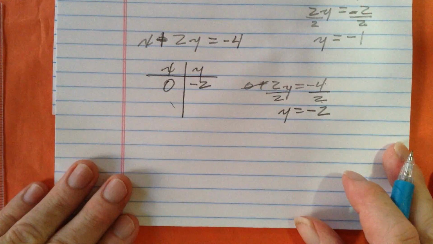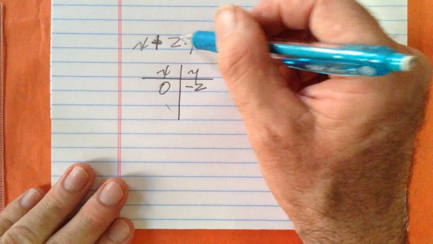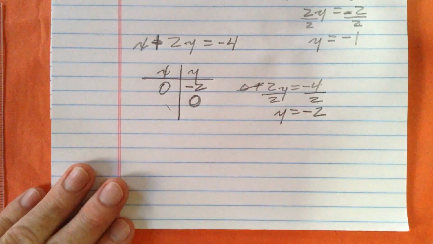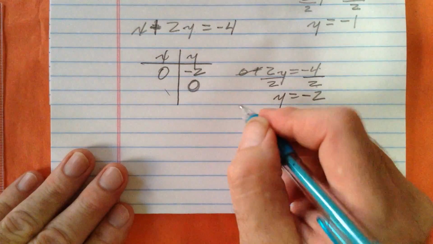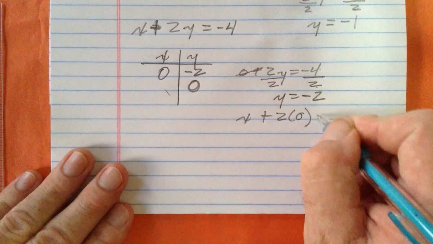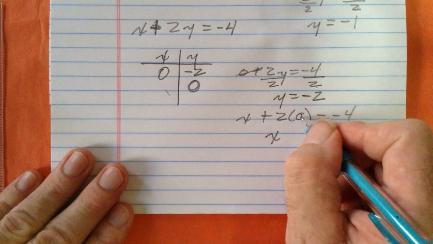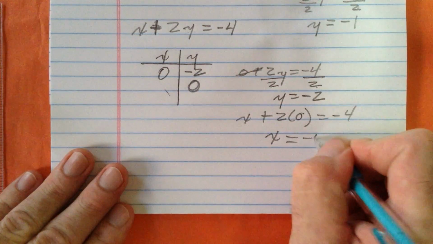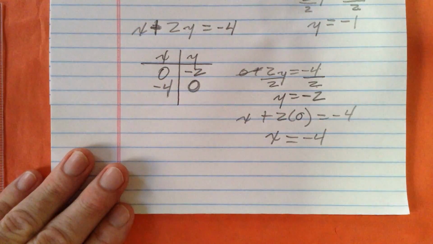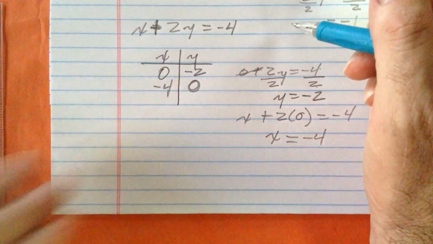And then if I make y 0, that leaves only the x. So x plus 2 times 0 equals negative 4. 2 times 0 is 0, so x will equal negative 4. That was easy. I could look for another number, but why should I? I already got 2 of them here.